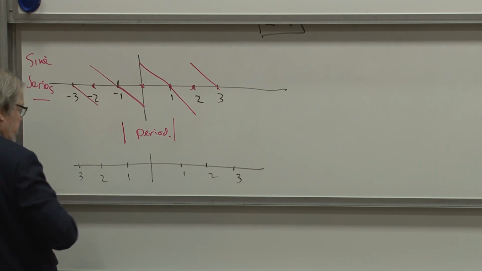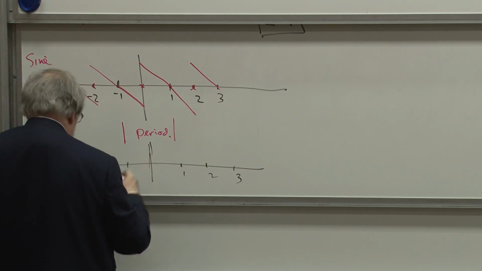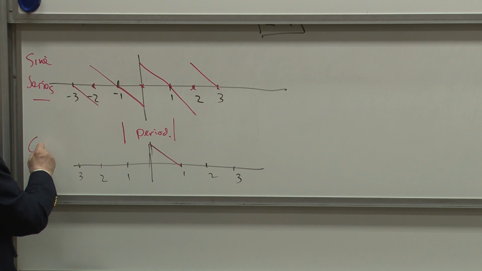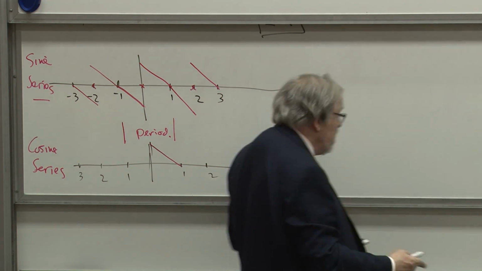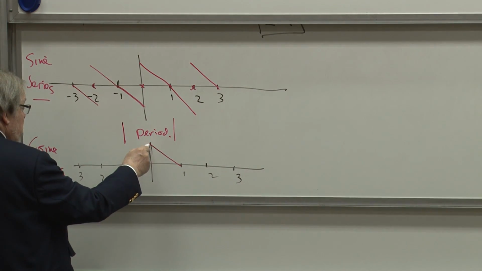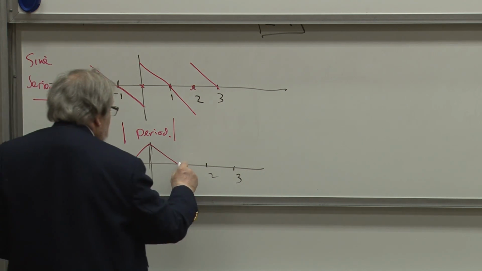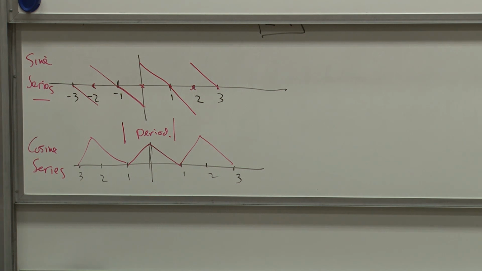Between 0 and 1, we get the function. The cosine series, everything is even. And so the rest of the period comes by making things even. And now that's the period and can be reproduced as many times as you want.